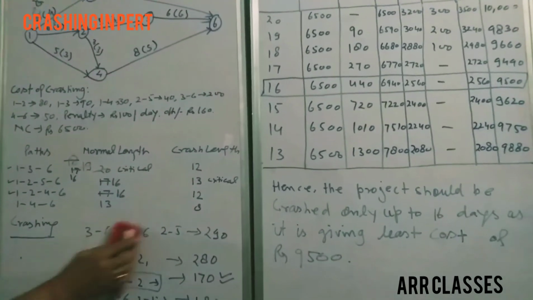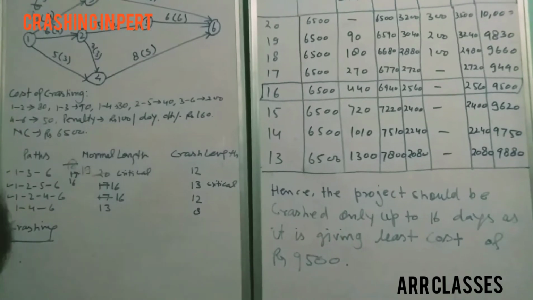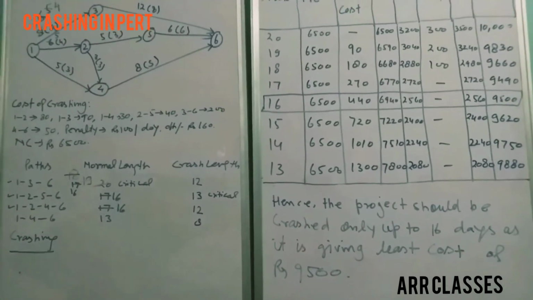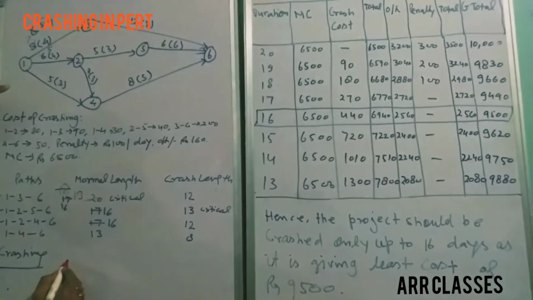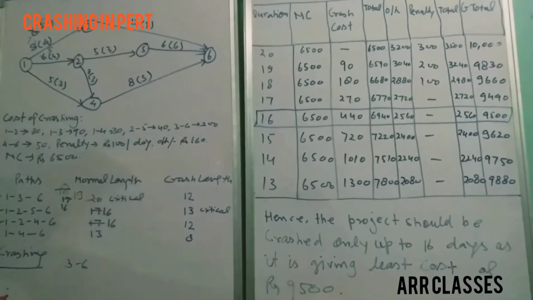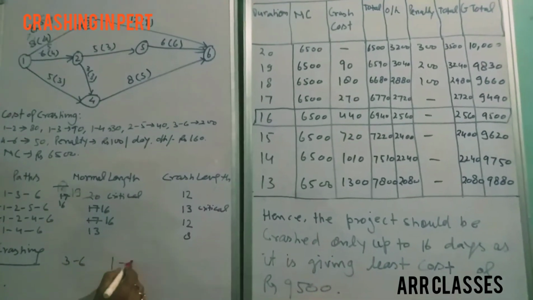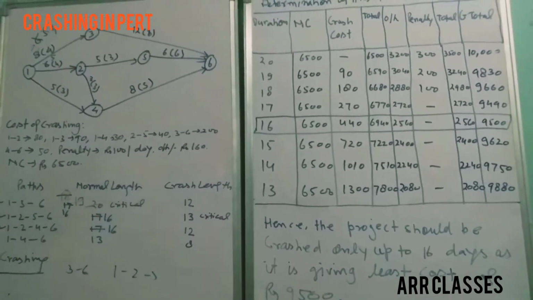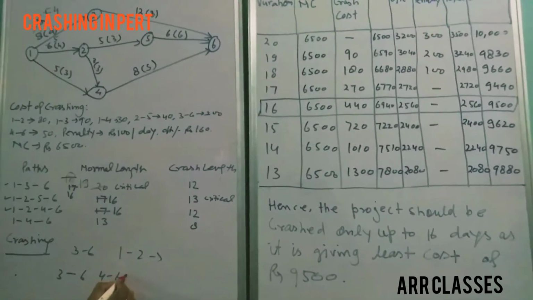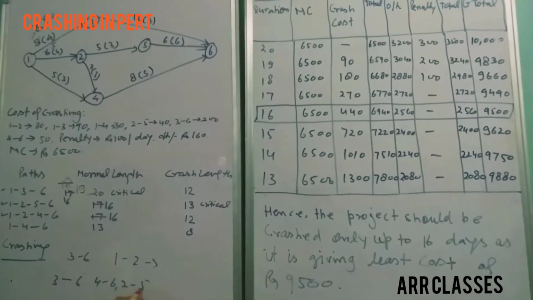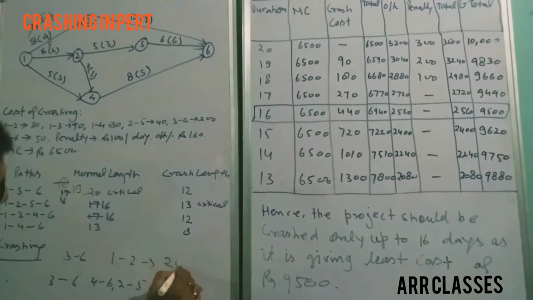Now let us go to the fifth crashing if we are to reduce it further. At the fifth crashing there is no scope in the combination, so only 3 to 6 has to be considered, and then 1 to 2, this is one option, and another option is 3 to 6, 4 to 6 and 2 to 5. Here it comes out to be 290 and 280.